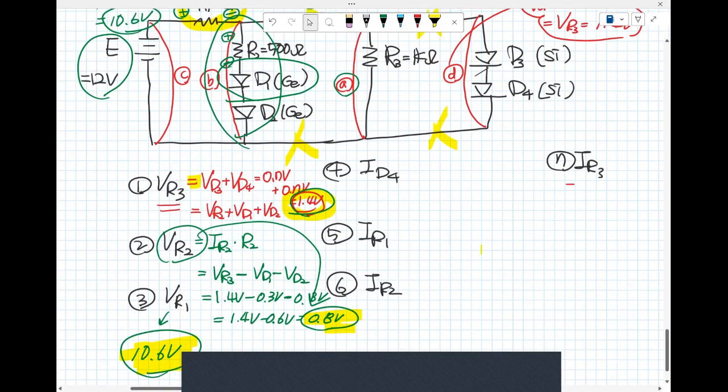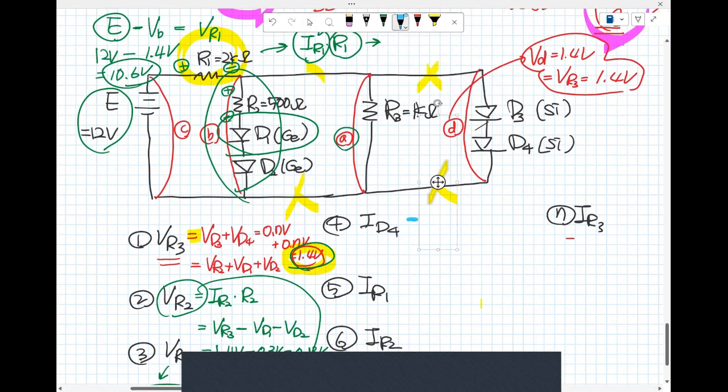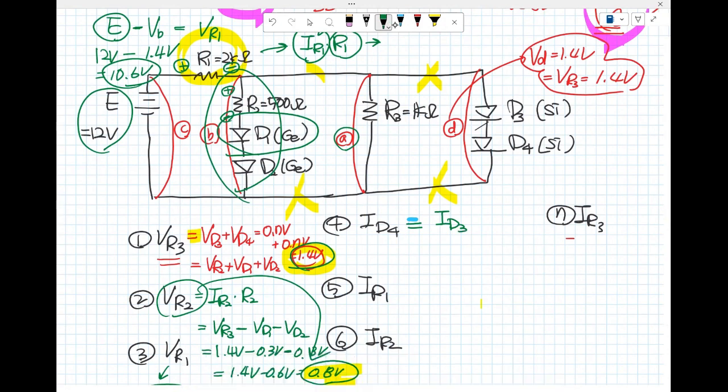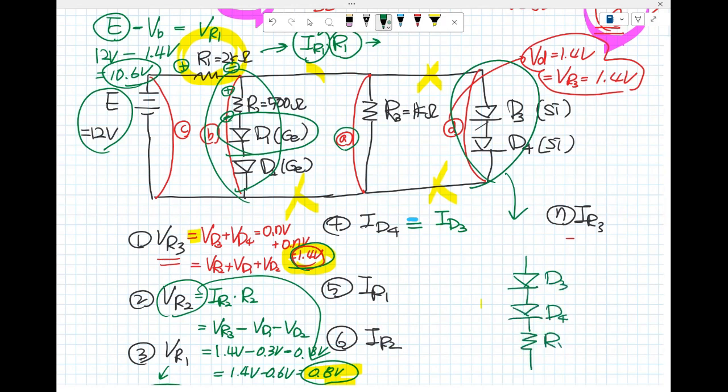So now in here, okay, what is I sub D sub 4 in here? So the I sub D sub 4 is I sub D sub 3. Why? Because the diodes are in series. For example, for D sub 4 in here, I sub D sub 3, I sub D sub 4, I sub D sub 5. In here, for example, D sub 3, D sub 4, the I sub 1, that was I sub D sub 3, I sub D sub 4, and I sub 1.